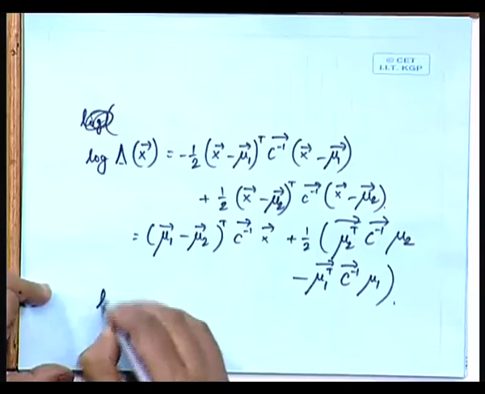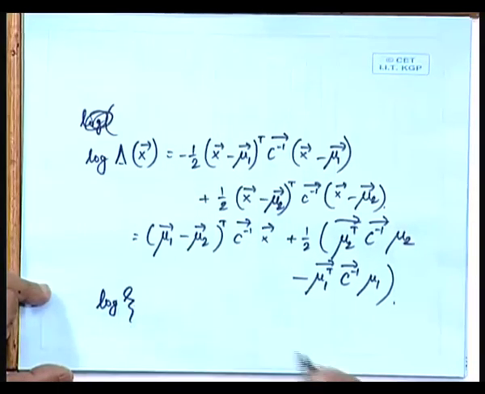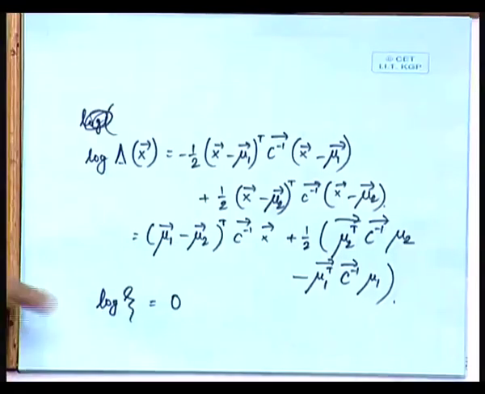And what is going to be log xi in this case, because we are assuming P1 and P2 to be equal to half and C12 and C21 to be equal. Just have a look at the earlier class note, there you will find that the xi term will be equal to 1. So, in this case log xi is simply equal to 0.